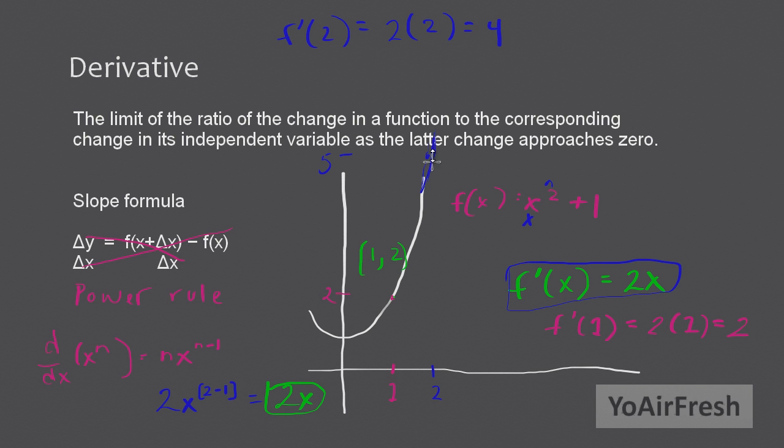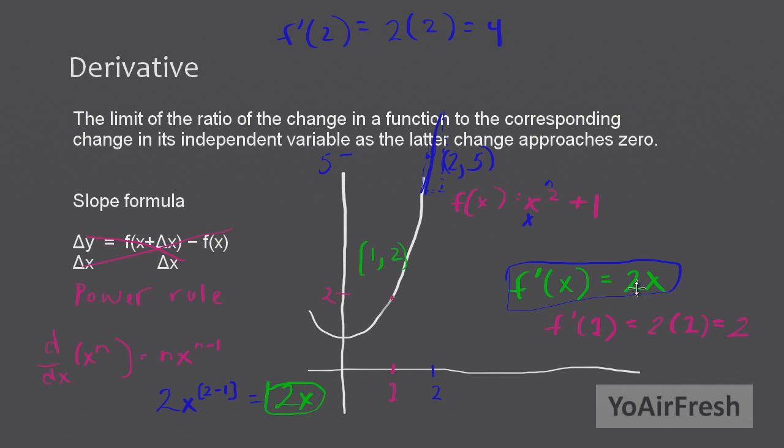So the slope at this exact point, at 2 comma 5, is going to equal 4. So the rise over the run is 4, meaning the rise is going to be 4 and the run is going to be 1. It looks something like that. This is a really crude drawing, sorry for that, but the point is that without the graph, finding the derivative is simple using the power rule.